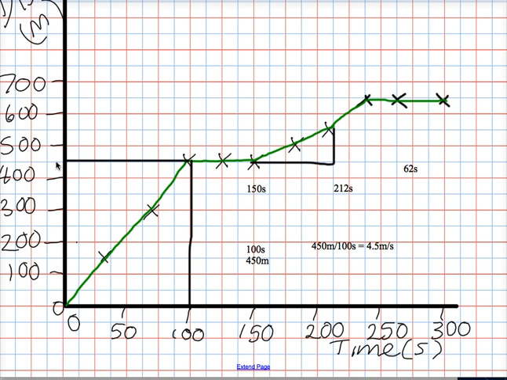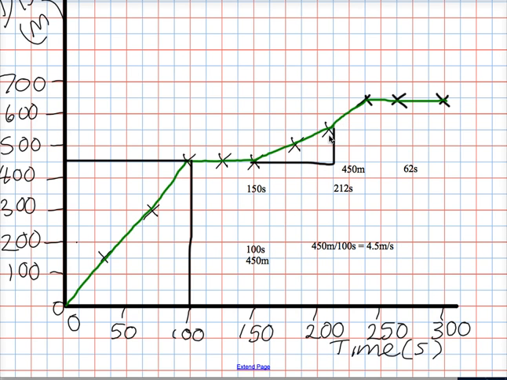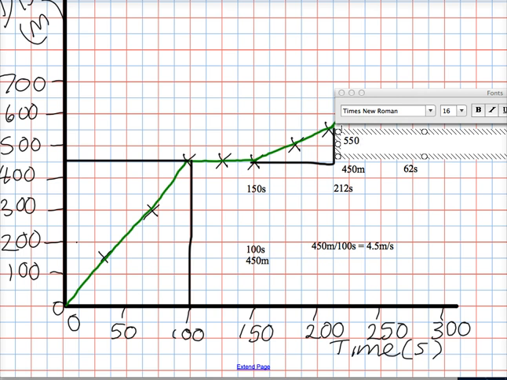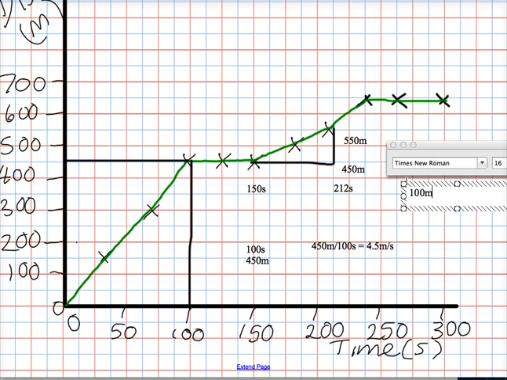Well, it's gone from 450 metres at the bottom, and it's then at 550 metres at the end. So the total distance it's travelled is 100 metres, because I want to take away the other 450 metres.